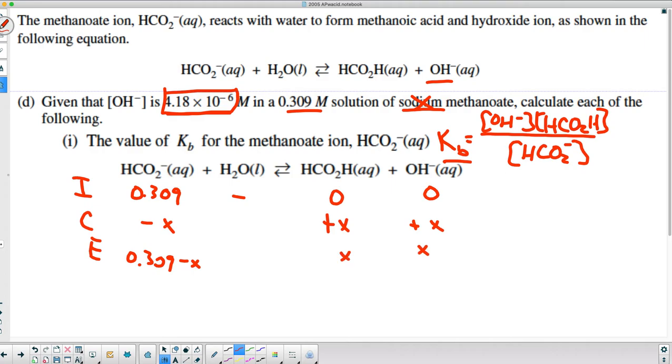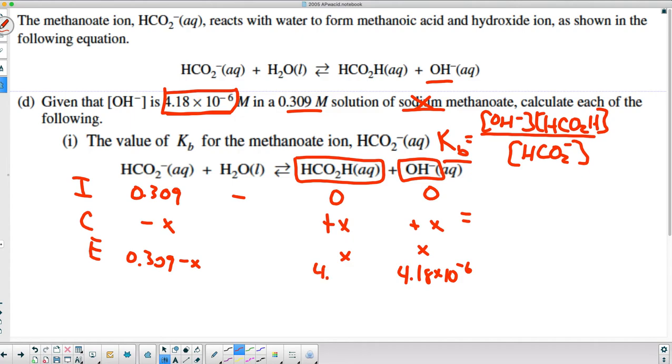Now all we're going to do is substitute in what we know. We know that 4.18 times 10 to the negative 6th is what we end up with for X. So if we produce this amount of hydroxide ion, we're also producing this amount of methanoic acid.